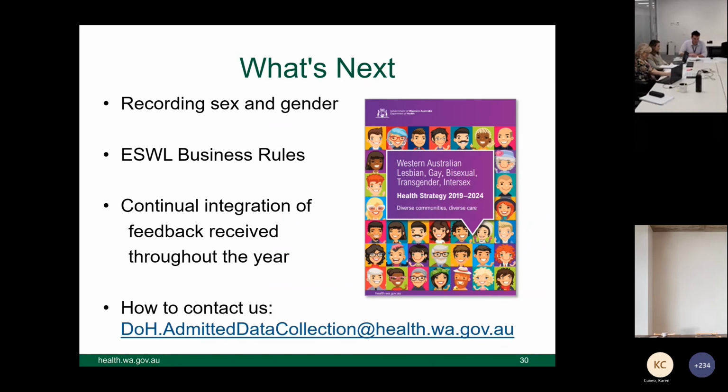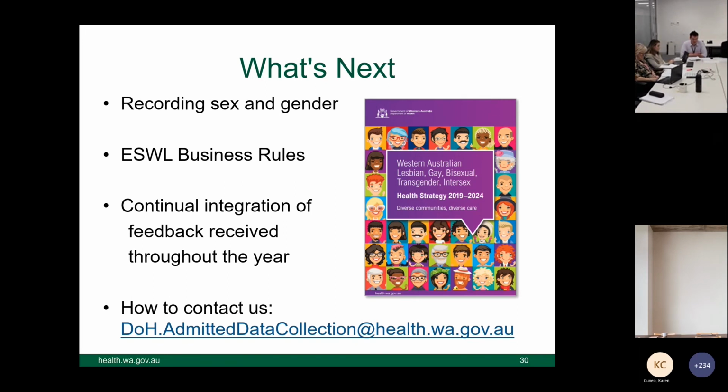So one area that we're keen to get addressed is around sex and gender. So the HMDC data dictionary states that the sex field is understood in relation to sex characteristics, such as chromosomes, hormones, and reproductive organs, but it's often used interchangeably with gender. However, they are distinct concepts.